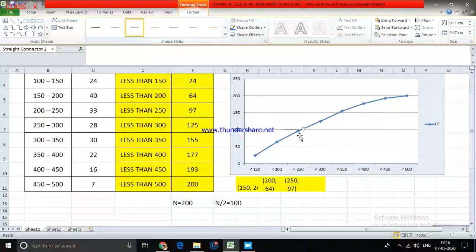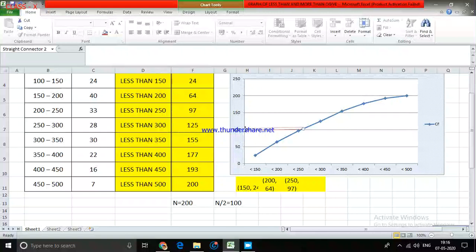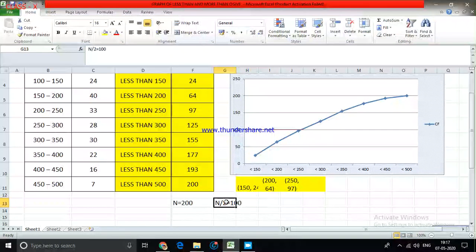Can you see the line color is in red? Okay, you have to start from 100. If you want more clearly, I'll show. I'll keep it a little bit upside so that you can see the red color. Okay, from 100, because my n by 2 value is 100. So from 100, I'll draw the straight line with the scale till it touches the graph.